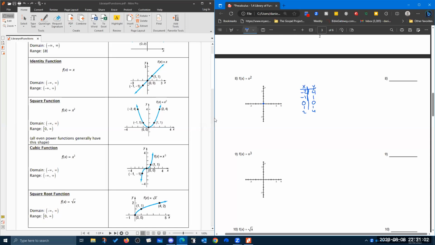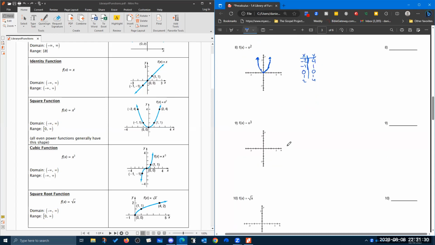That's 0, 0, 1, 1, -1, 1, 2, 4, and -2, 4. My squaring function is going to look parabolic. Hopefully it looks symmetric to the y-axis there, since it's an even function, and it should look something like that.